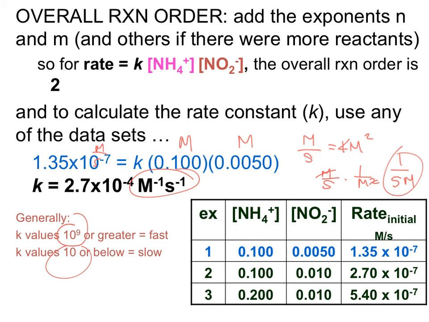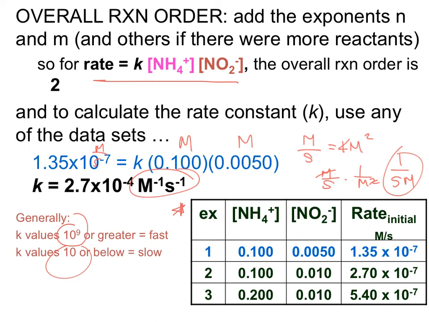So basically, in order to get a specific rate law, you need to figure out your exponents. After you've written your generic rate law with your exponents, you need to find your exponent values using the method of initial rates.